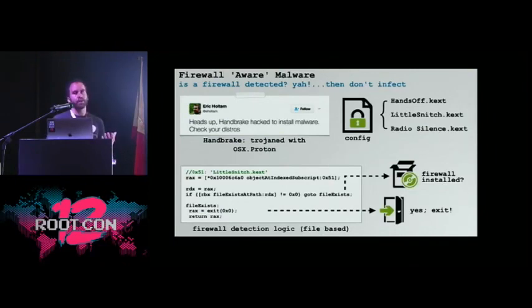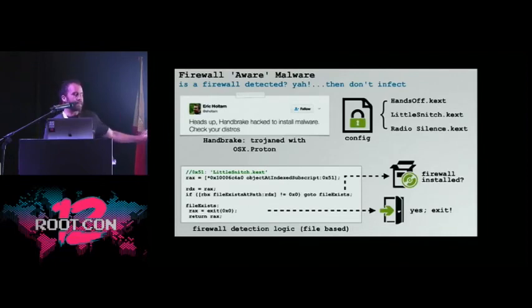Another more recent piece of Mac malware that utilizes a similar technique is OS X Proton. If we reverse engineer the malware, we can find an encrypted configuration file. If we decrypt this config file in memory, we see strings, or specifically paths, to the three most popular third-party Mac firewall products: Little Snitch, Hands Off, and Radio Silence.